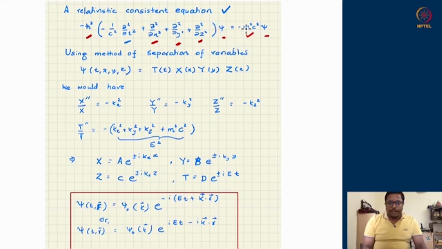Why invariant quantity? We have written m square, which was an invariant. Remember, p mu p mu was supposed to be minus m square c square, an invariant quantity because of its scalar nature, a rank 0 tensor. So this was the invariant quantity appearing over here.